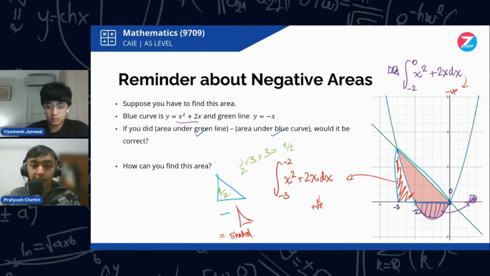Let's integrate x squared plus 2x, from minus 3 to minus 2. I'm going to use my calculator for this. x squared plus 2x. Set bounds minus 3 to minus 2.